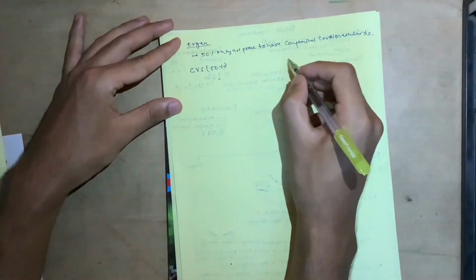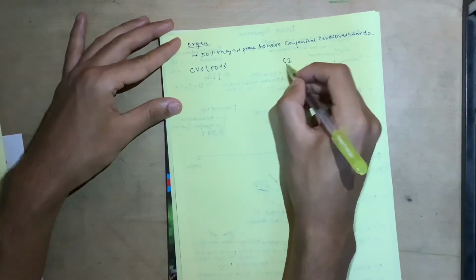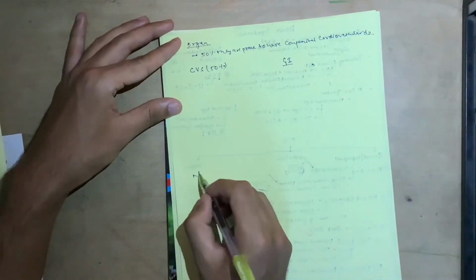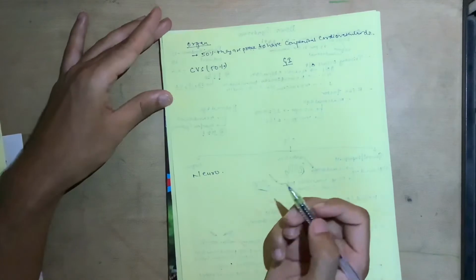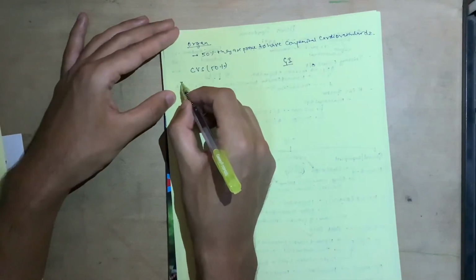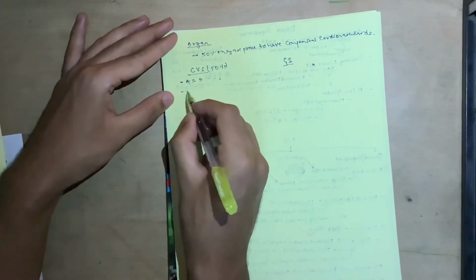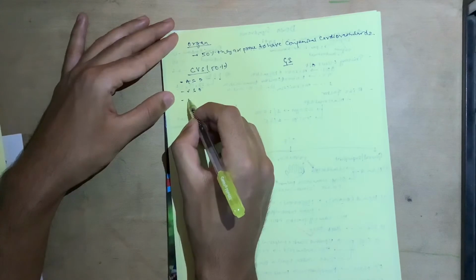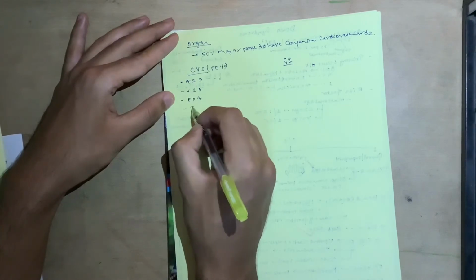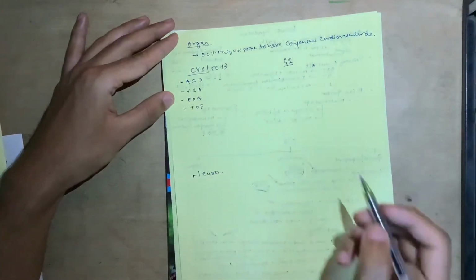Then organ systems involved are GI and the neuro. In CVS, talking about the cardiac system, there is atrial septal defect, ventricular septal defect, patent ductus arteriosus, and tetralogy of Fallot.